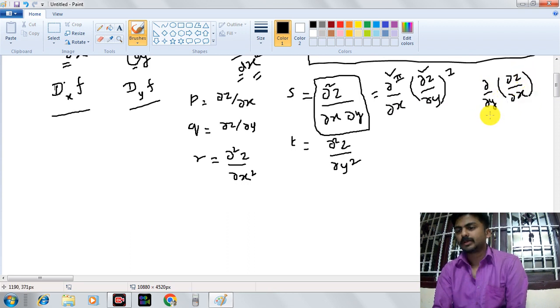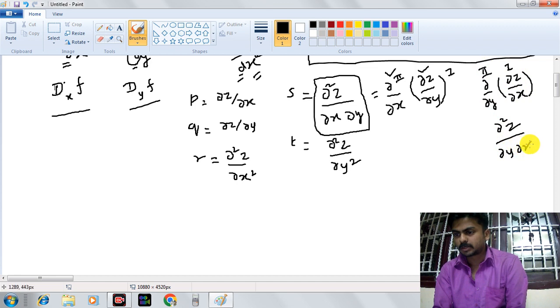So this is another step, where I am first differentiating z with respect to x, and then differentiating the result with respect to y. So this will give the result as dou square z divided by dou y dou x.